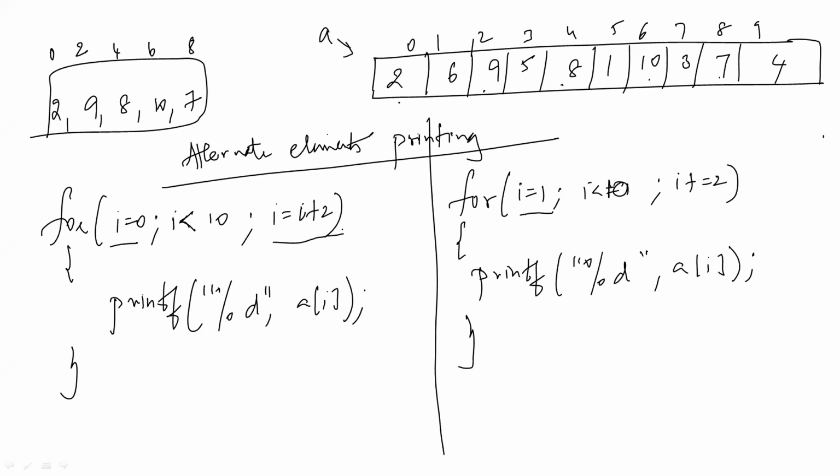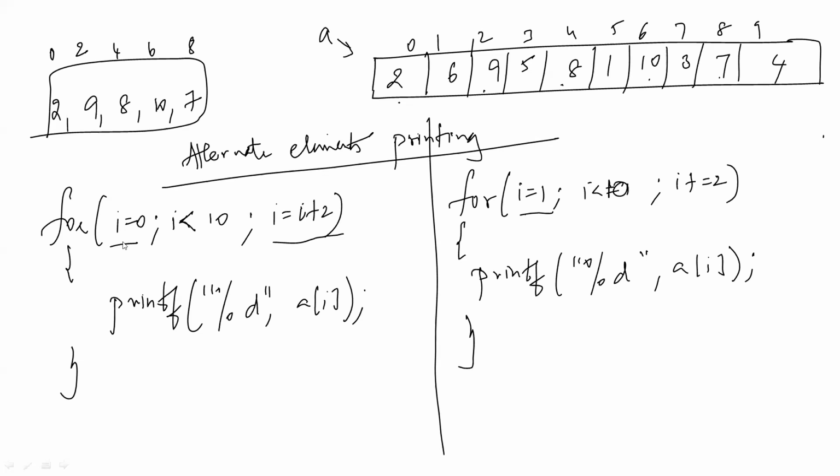I want the value present in the 0th position, then the 2nd position, then the 4th position, 6th position, 8th position.